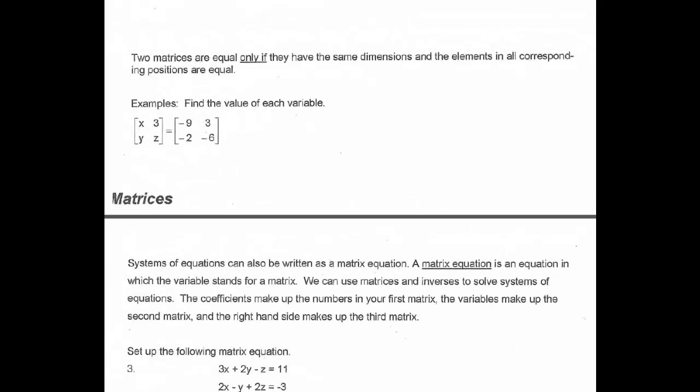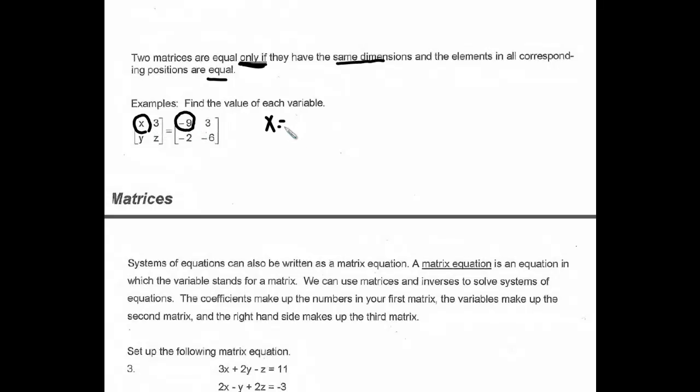2 matrices are equal only if they have the same dimensions and the elements in all corresponding positions are equal. So we want to find the value of each variable. The value of x corresponds to the same row and column as the value -9.